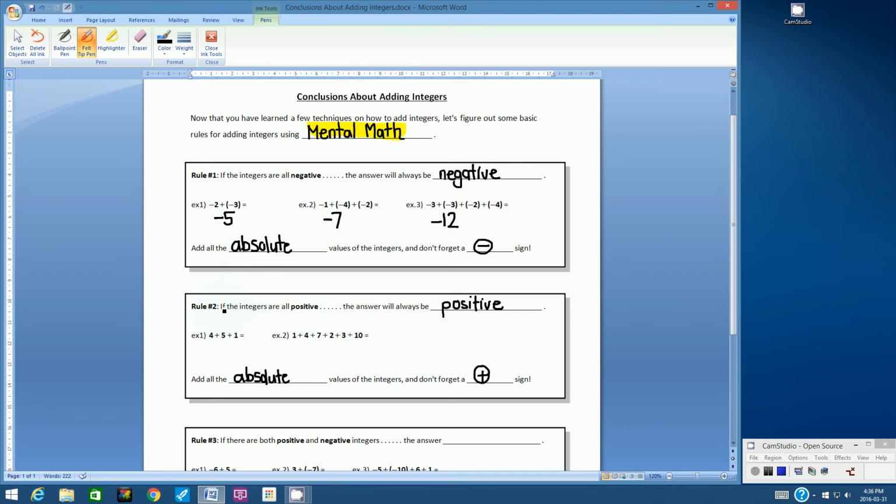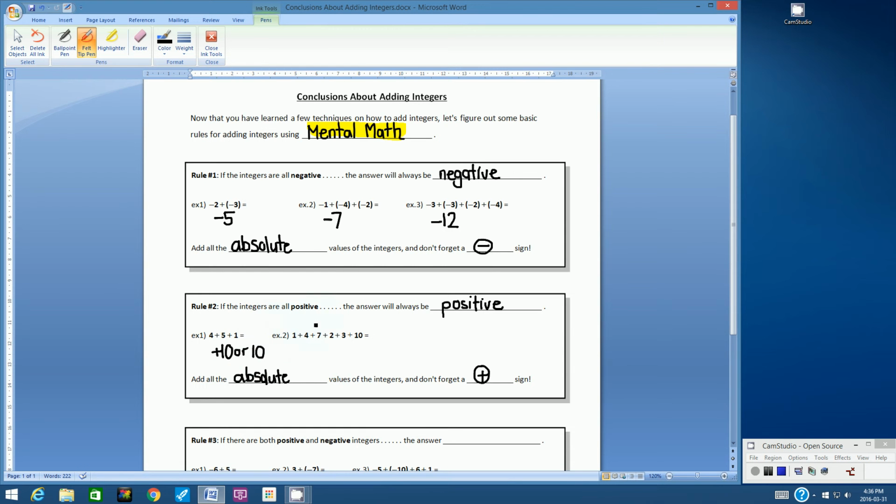So rule number two is just basically addition before you ever learned anything about integers. So 4 plus 5 is 9, plus 1 is 10. So you can write this answer as positive 10, or simply in standard form, 10.